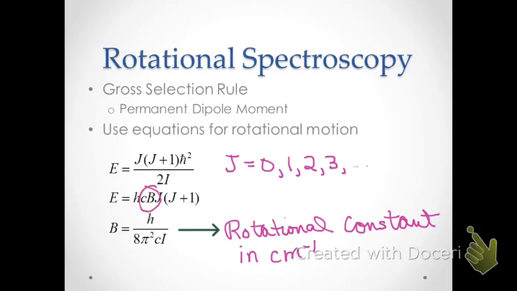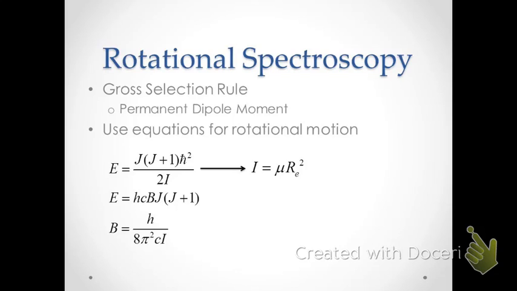And of course, in these equations, we'll note that I, the moment of inertia, is equal to mu r squared, where r is the bond length of the molecule, and mu is the reduced mass.